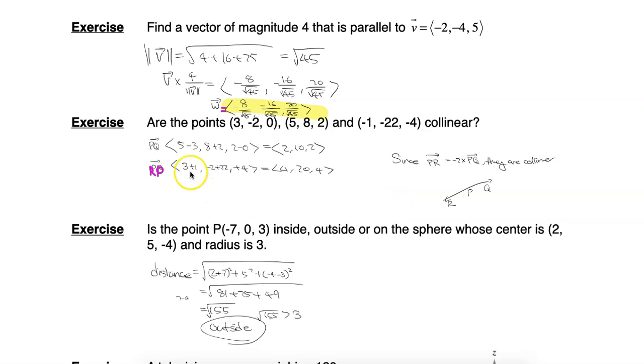Here, we chose PQ and RP, so PQ and then RP goes from here to there, and the result was 2, 10, 2, as well as 4, 20, 4. So flipping RP to give us PR, remember that if we have RP, then PR would just be -4, -20, -4. We find that PR is -2 times PQ, and therefore the 3 points are collinear.